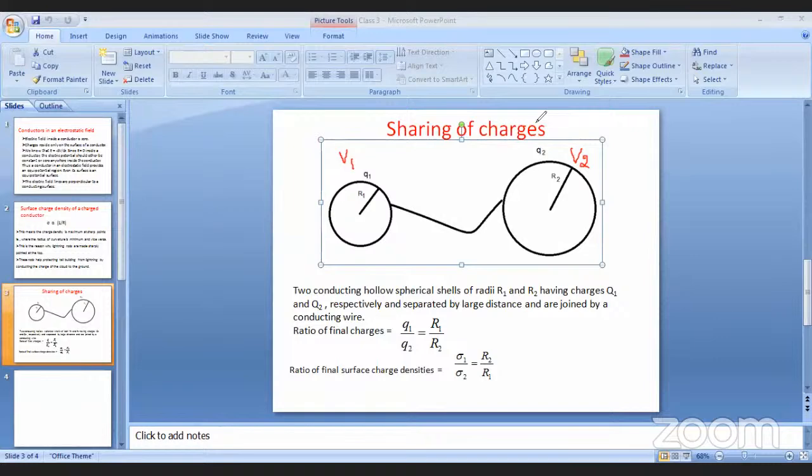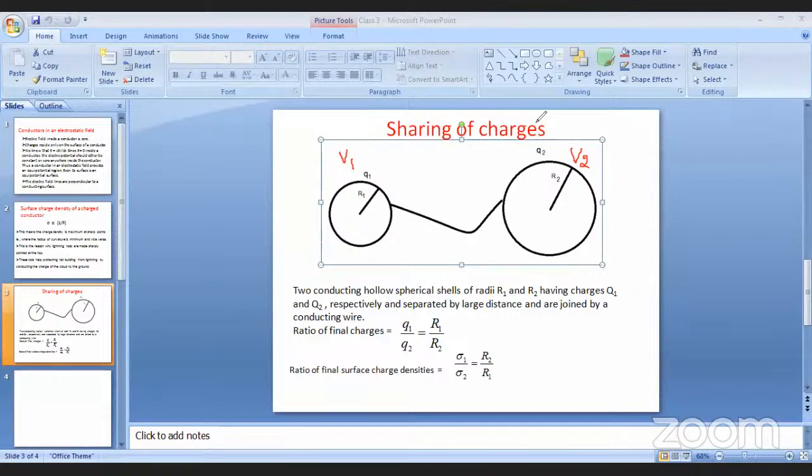Why? What is the reason behind that? Your answer is correct. Because the charge densities are different, sir. So there will be a sharing of the charge so that it can balance out, sir. Not only the charge densities are different, you have different potentials, right?